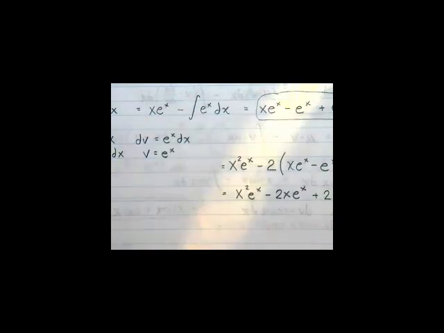Yeah. What did you choose for u at the very beginning? x squared. x squared, 2x, 2, nothing. See that? Derivatives of that x squared. Okay. What did you choose as your dv right from the beginning? e to the x. Now in this case, what's the antiderivative of e to the x?